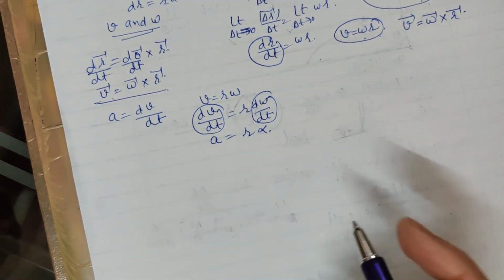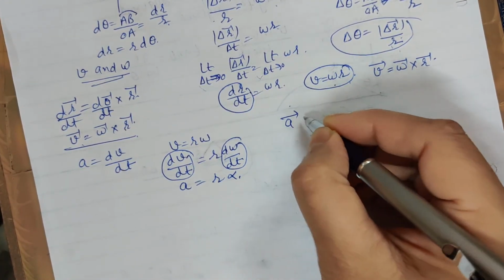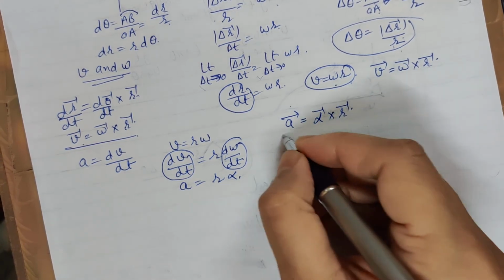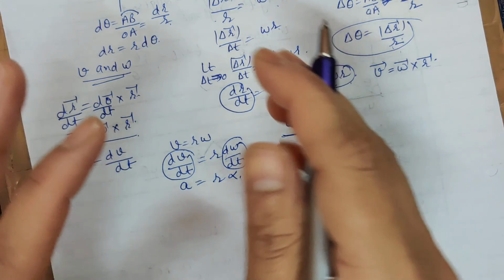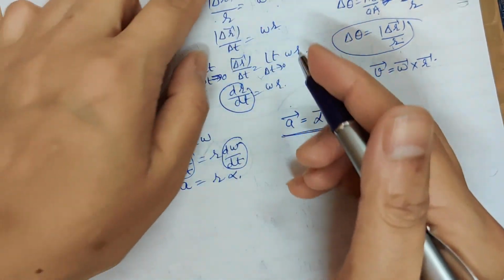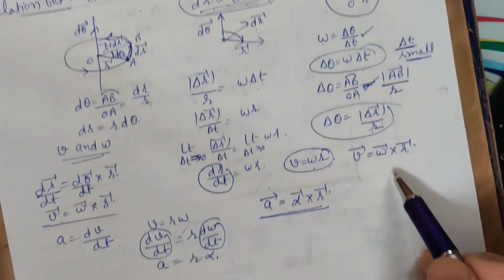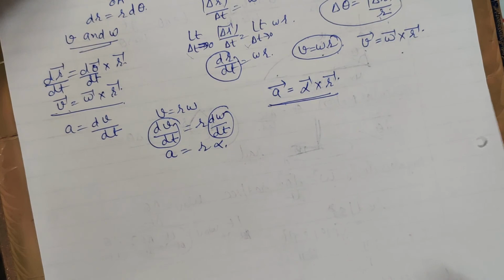So the relation is A equal to r alpha, or in vector form, A vector is alpha vector cross r vector. So these are the relations between linear and angular displacement, velocity and acceleration.